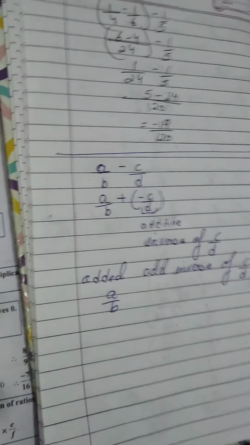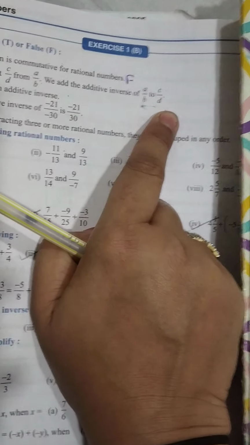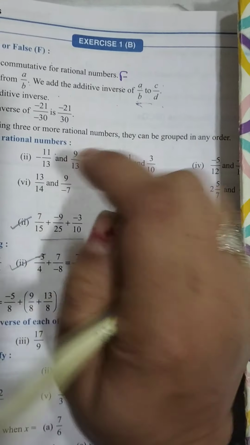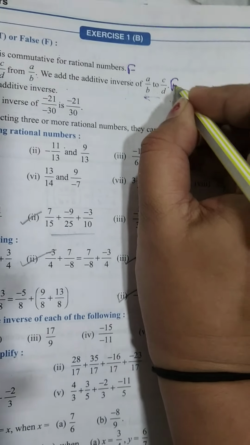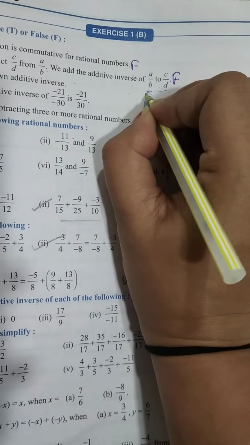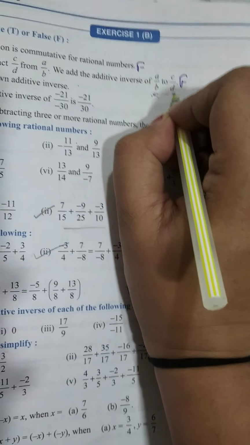But in the question they are asking that I have added additive inverse of A upon B to C upon D, right? So this will be false because we have added the additive inverse of C upon D to A upon B, not A upon B to C upon D.